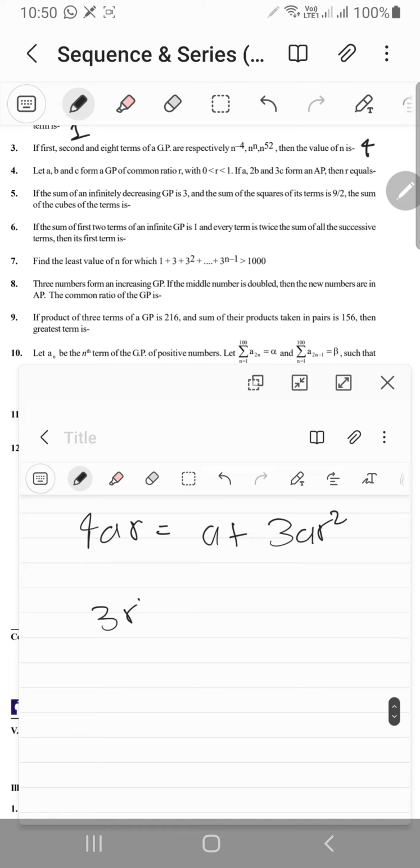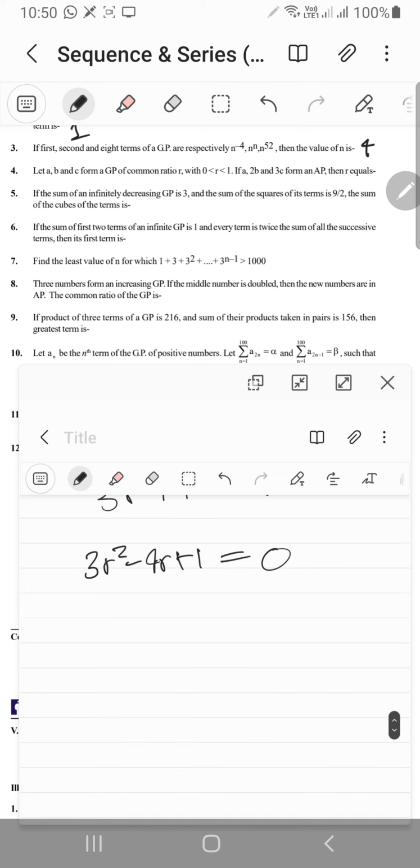So 3R squared plus 1 equal to 4R. Clearly R equal to 1 works, right? So maybe just the ratio is 1. The other solution, what's that going to be? So it's just 3R squared minus 4R plus 1 equal to 0. Looks like 3R minus 1 into R minus 1, I think. Yeah, looks right. So the other solution is just R equal to 1 by 3.